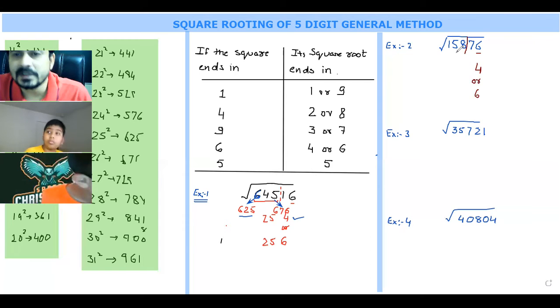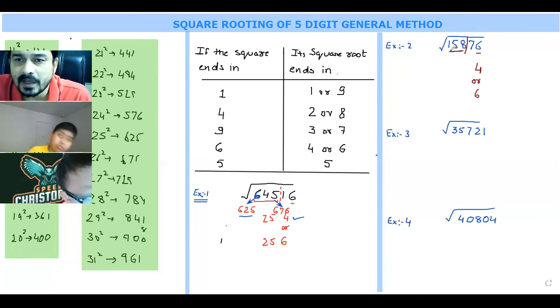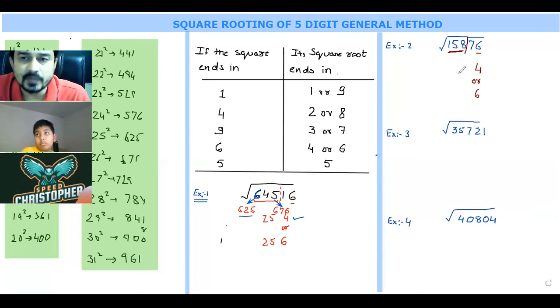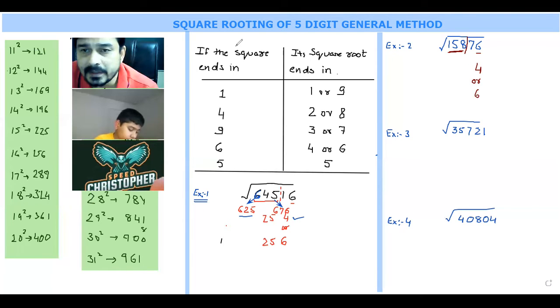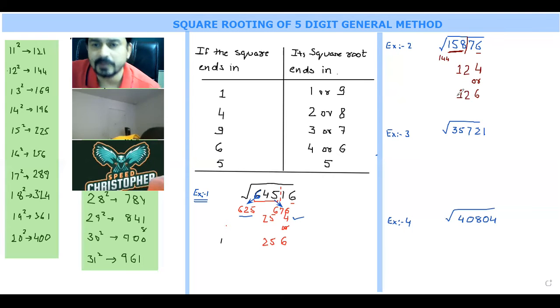Now this is 158. The perfect square just smaller than 158 is, tell me, 144, and its square root is 12. So I am going to write 12 at both the places.